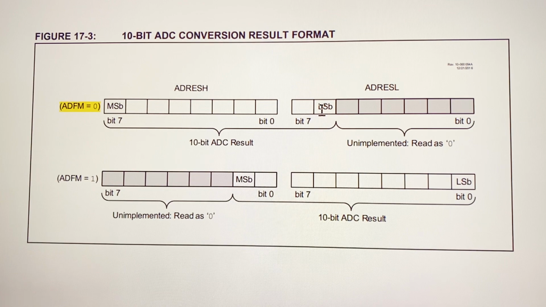The least significant bit will be here, let's say bit 0, bit 1, and you have a 10-bit ADC result. The least significant bit will be here, this is the second bit, and then the rest of the bits will be here. Notice that the most significant is there. This is not common.